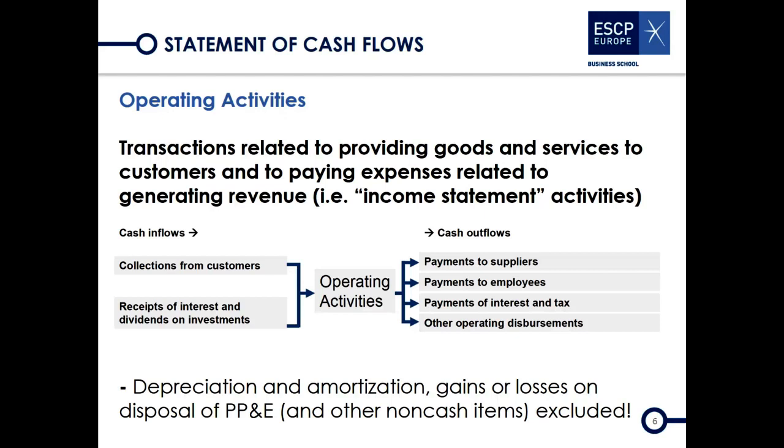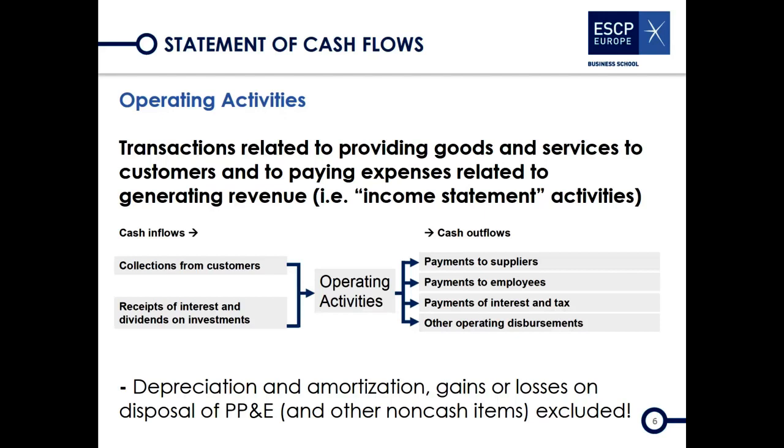My cash outflows are if I pay the suppliers, if I pay employees, if I pay interest or taxes, or other operating cash disbursements, like buying and paying for supplies. So in the operating activity section, we're going to see all of these items, and then we close with the net position. We call it net operating cash flow, or cash flows used in operations sometimes.